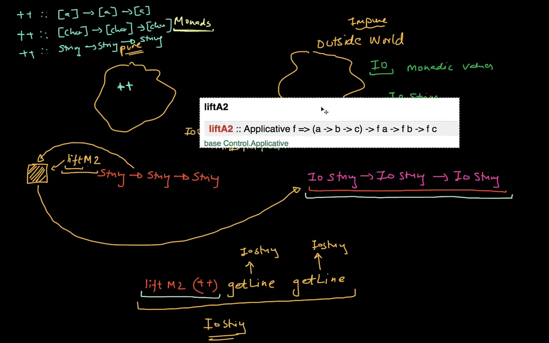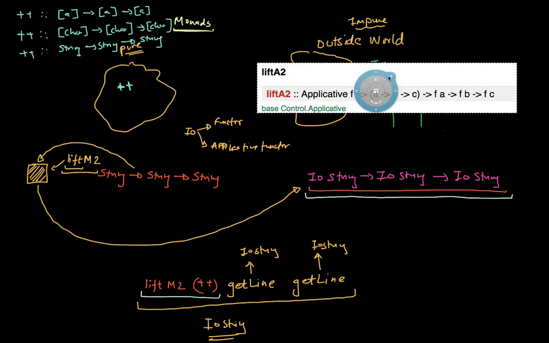I just got this from Google, and from Google, what I know is that the signature for the liftA2 is very analogous, very similar to the liftM2, but in this case, I'm again just exploiting the idea that IO is an instance of these two type classes here.